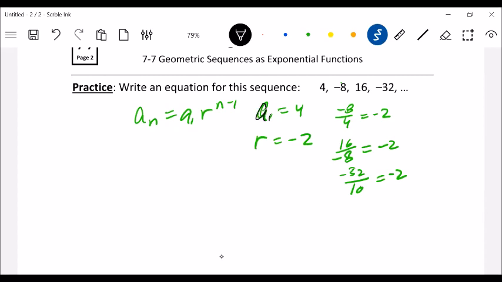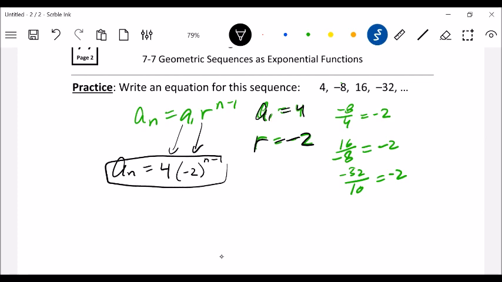Okay. A1 equals 4, R equals negative 2. So let's put them in the formula. The amount at the nth term is 4 for A1, and then negative 2 for the R, to the N minus 1, because we don't know yet what number to put in.